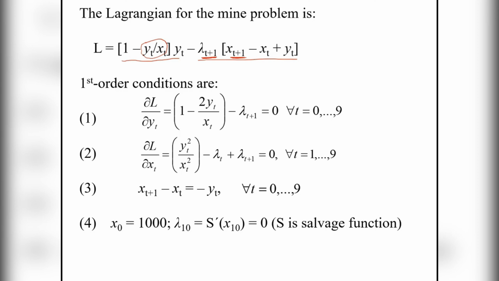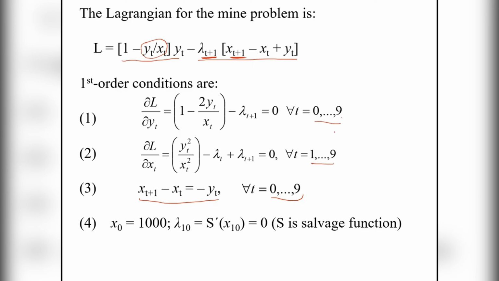We do the same thing with the amount of ore left in the mine at any given period, and we set that equal to 0, and finally we take the partial of the Lagrangian with respect to lambda t plus 1, and we end up with this third equation here, which we hold. Now notice that these equations hold for different time periods. This one holds for periods 0 to 9, this one from 1 to 9, and this one from 0 to 9.